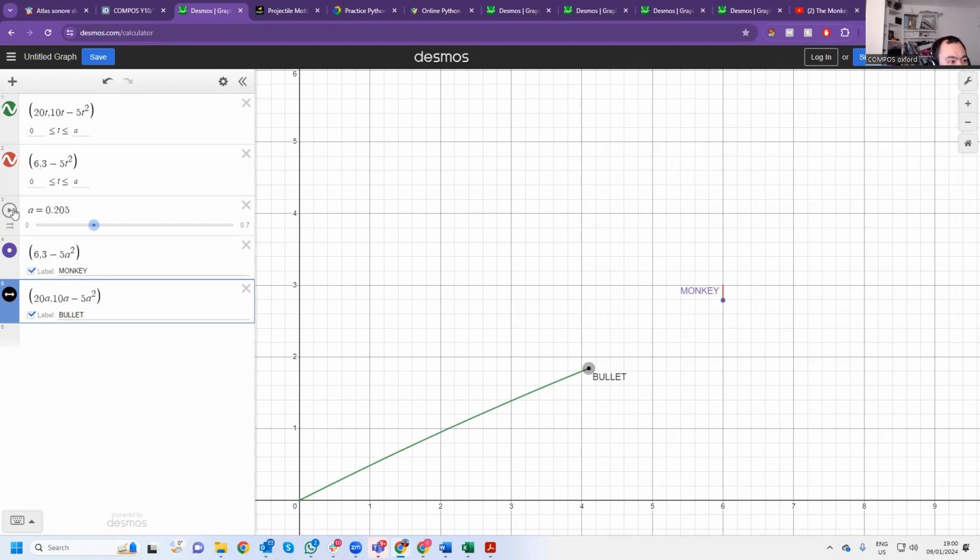I've doubled the speed of the bullet. And you can see that they meet just earlier. The monkey would only have fallen just a tiny bit.